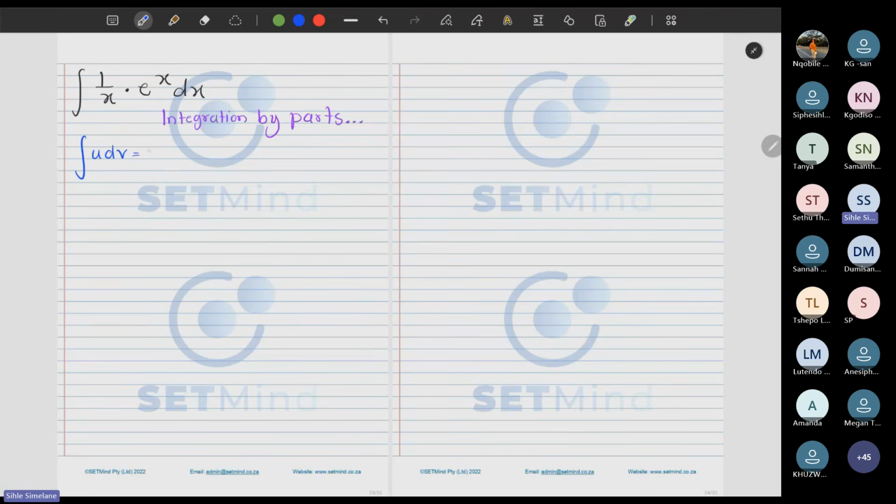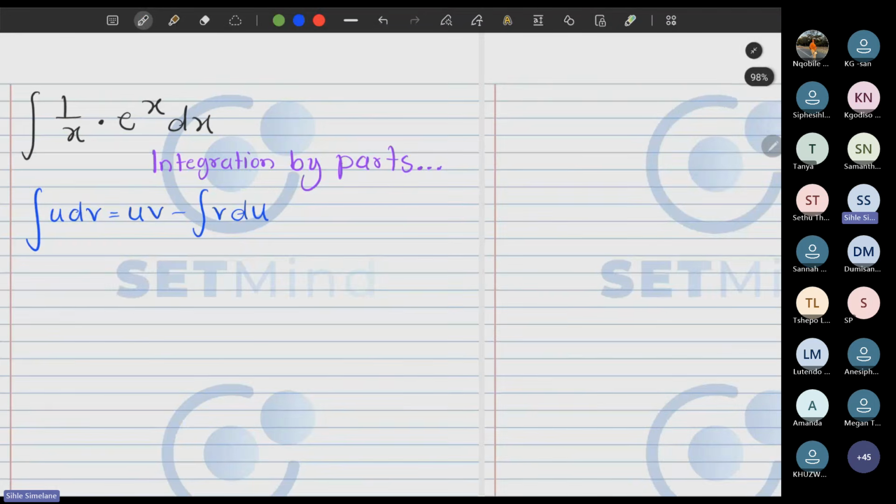The integral of u dv equals uv minus the integral of v du. Okay, so what should I choose as my u and dv or v here, guys? Anyone?